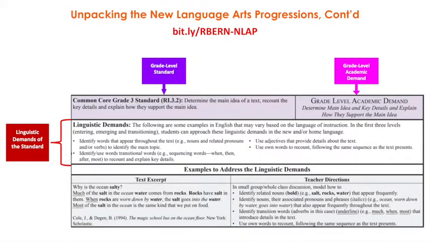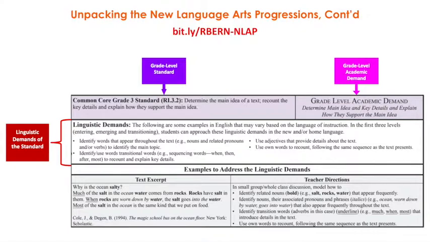For example, for this standard, if a student is going to be able to determine the main idea and key details and explain how they support the main idea, this student will need to be able to identify words that appear throughout the text that identify the main topic. These would be words that are repeated throughout the text that identify the main topic.